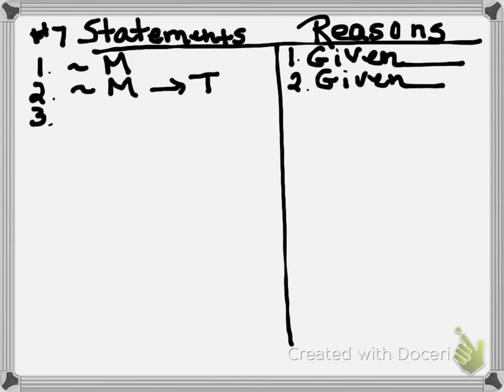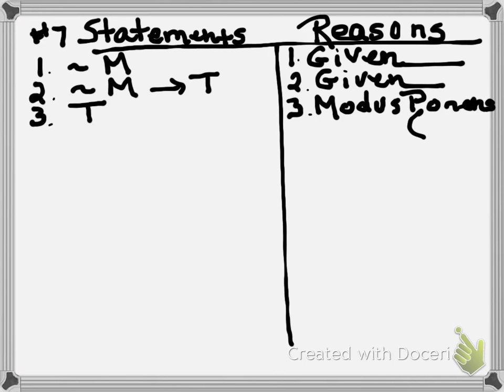Therefore, the conclusion must be true as well, because otherwise, T implies F would have been a false conditional. So my conclusion is T. What's the reason? Modus ponens. And you need to put the line numbers that got you that solution, which is lines 1 and 2.